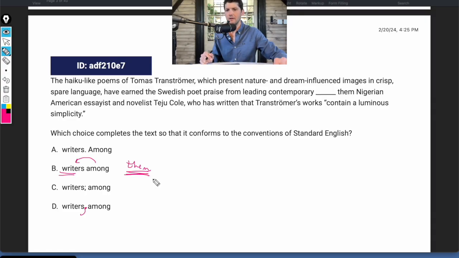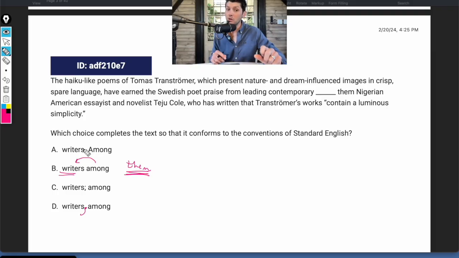You usually don't do that, right? And using the word among, which means sort of within, right? Sort of nested in between, right? Within a larger group. So we wouldn't say that the writers are nested in between the writers, right? We wouldn't say a group is within itself, right?